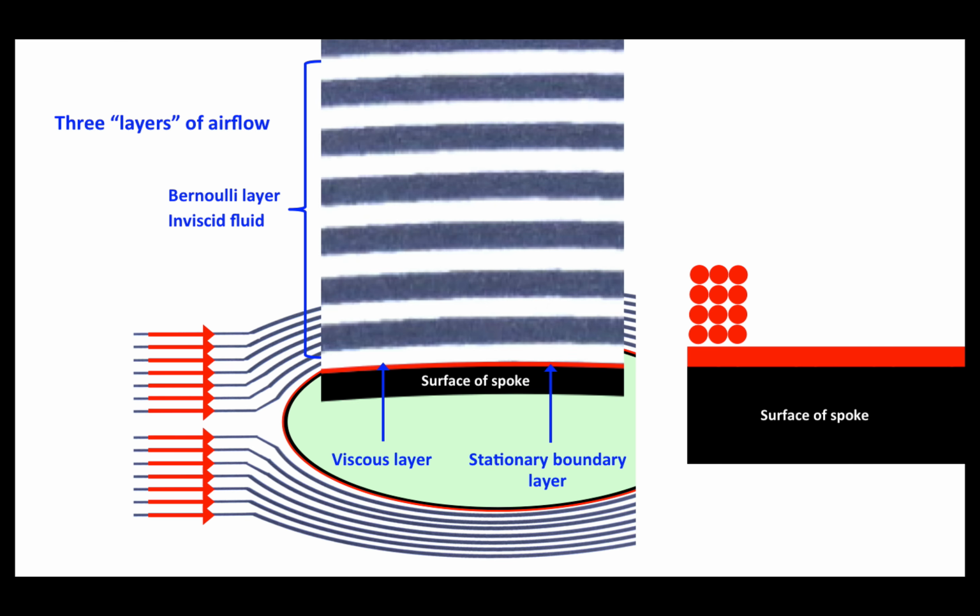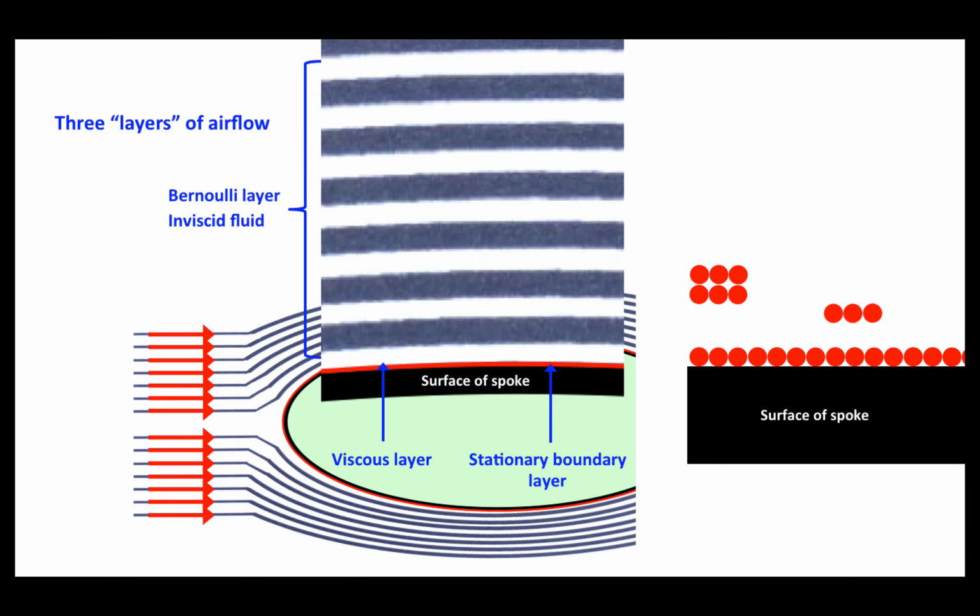If we envision the stationary boundary layer as just a layer of molecules of immovable air, then we see above that four small layers of air that are trying to pass over the stationary boundary layer. This first layer moves very slowly because of attraction between the molecules of the stationary layer and the layer that's trying to move over it.